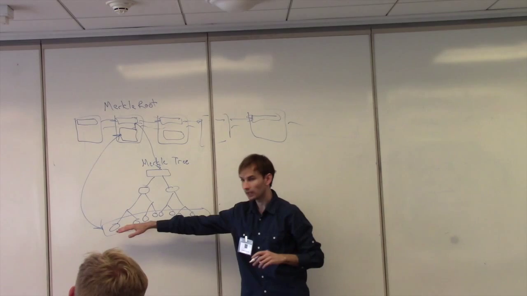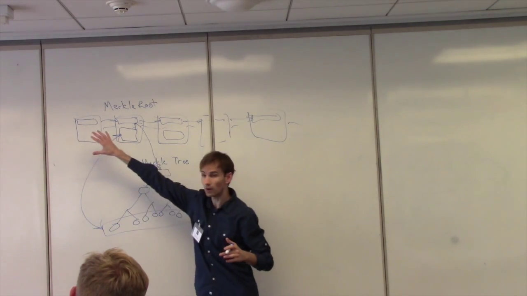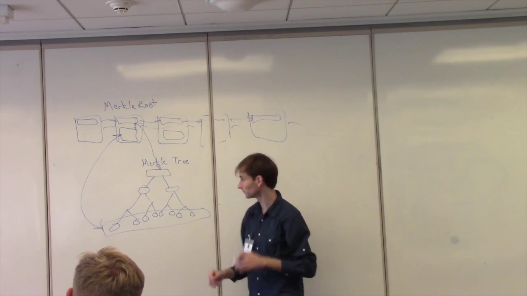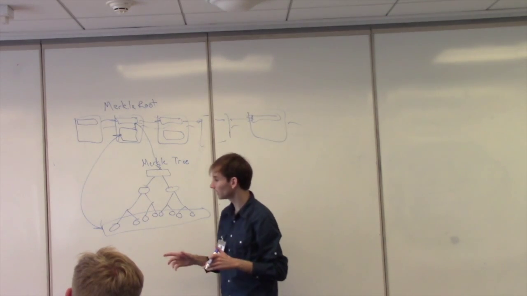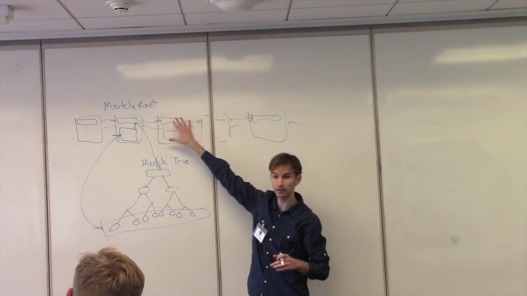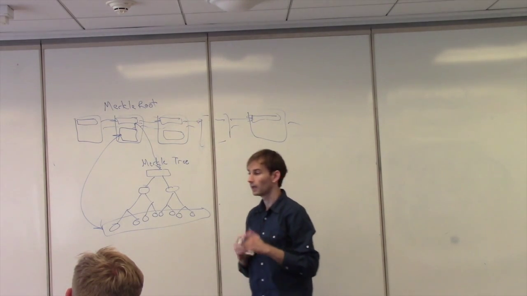So a full node has to keep track of all of these blocks and all of the transactions. A thin client does not. But a thin client has the ability to verify whether a transaction has been accepted by the blockchain. How does it do this?